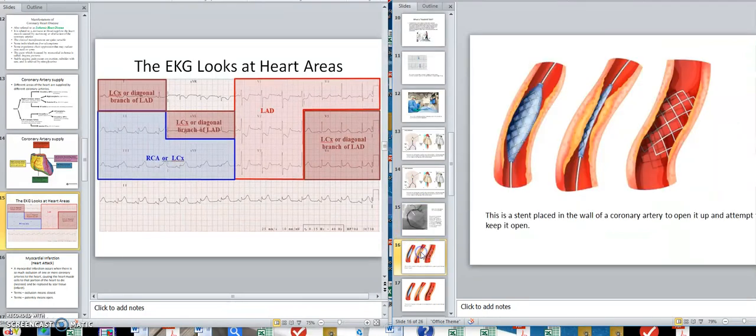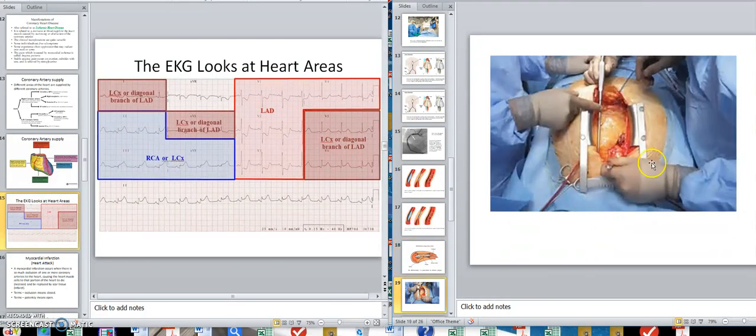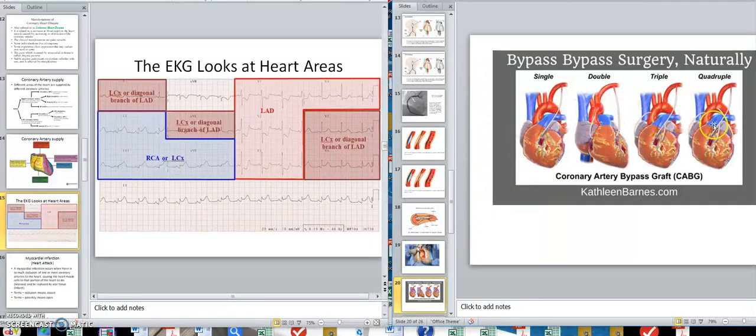Then there are many different procedures to try to help with it. You could do a stent. You could try to cut the plaque out, known as an atherectomy. Or depending on how much closure, you may have to do surgery and open the chest up to do what we call a coronary bypass.